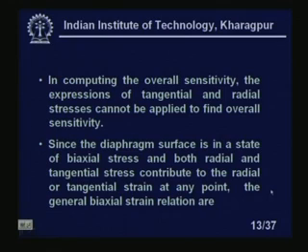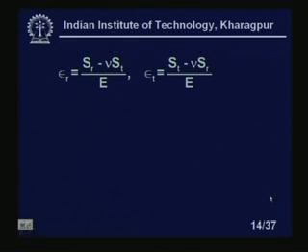Since the diaphragm surface is in the state of biaxial stress and both the radial and tangential stress contribute to the radial or tangential strain at any point, the general biaxial strain relations are: epsilon r, which is radial strain, equals S r, which is radial stress, minus nu S t, upon E. Similarly, epsilon t, which is the tangential strain, equals S t minus nu S r, upon E, where S t is the tangential stress, S r is the radial stress, nu is the Poisson's ratio and E is Young's modulus of elasticity.